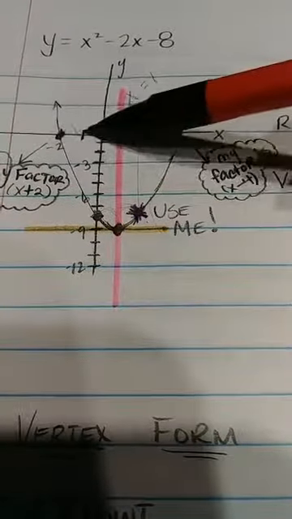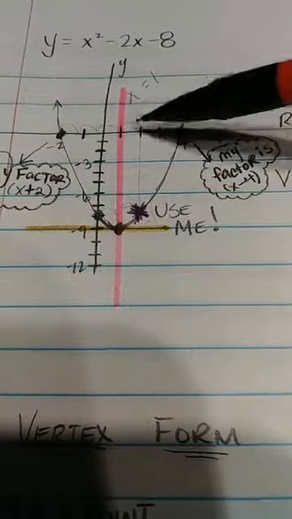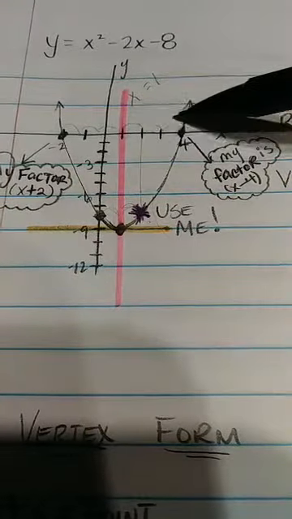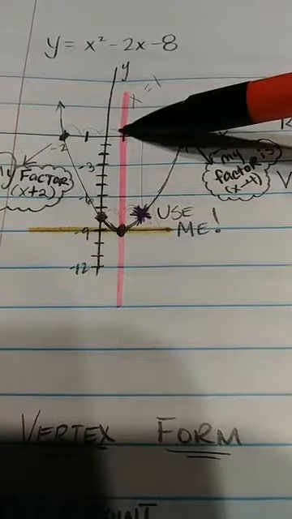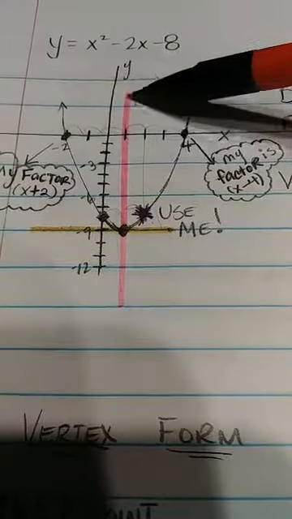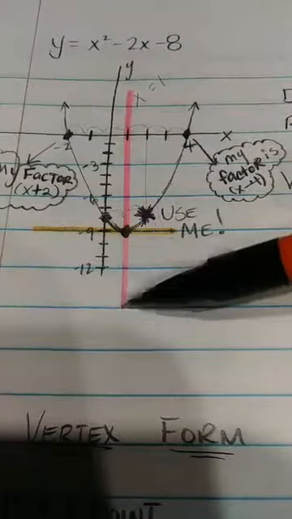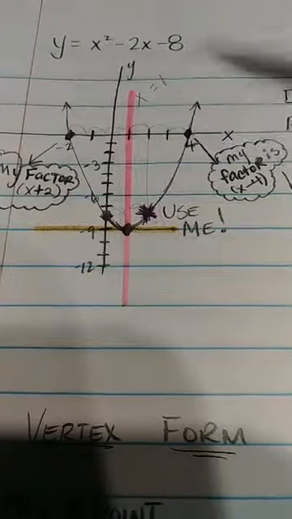Count again, 1, 2, 3, yay. And so that I see now what? That this distance is the same as what? That's what they call equidistant from the axis of symmetry, and that would be the roots that we are referring to.